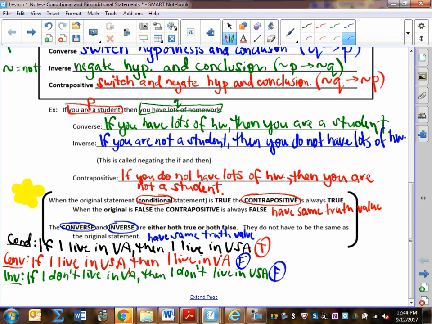Now let's take a look at that contrapositive. If I don't live in the USA, then I don't live in Virginia.